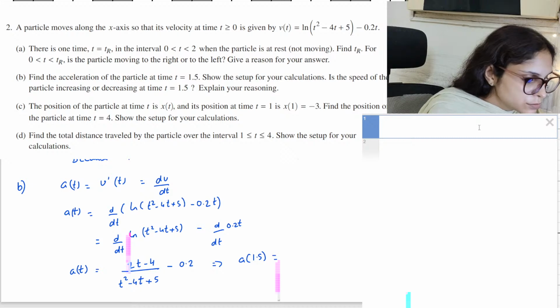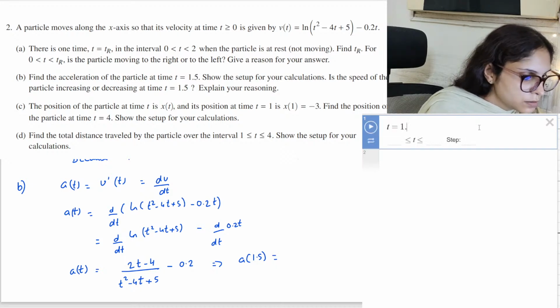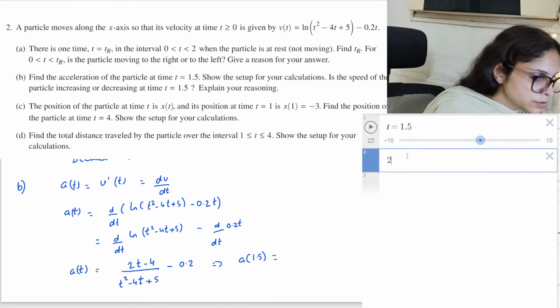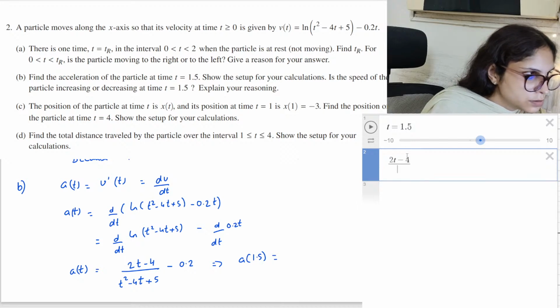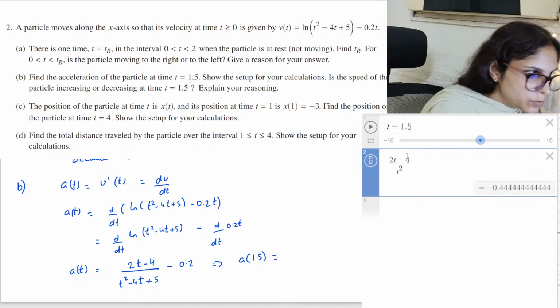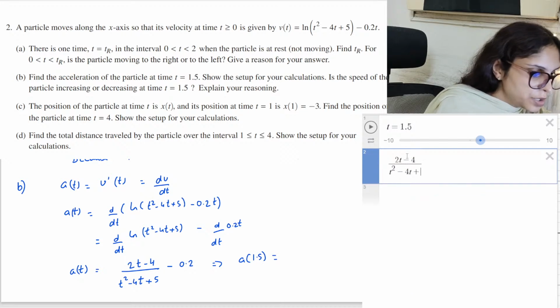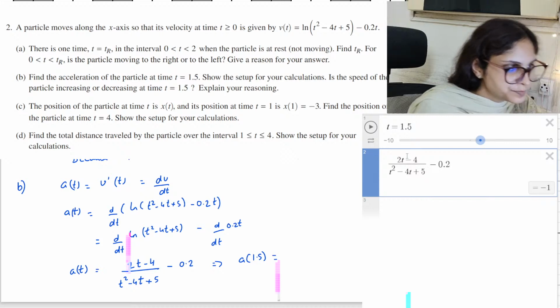Let me just write t is equal to 1.5, it will become easier. 2t minus 4 divided by t squared minus 4t plus 5 minus 0.2.